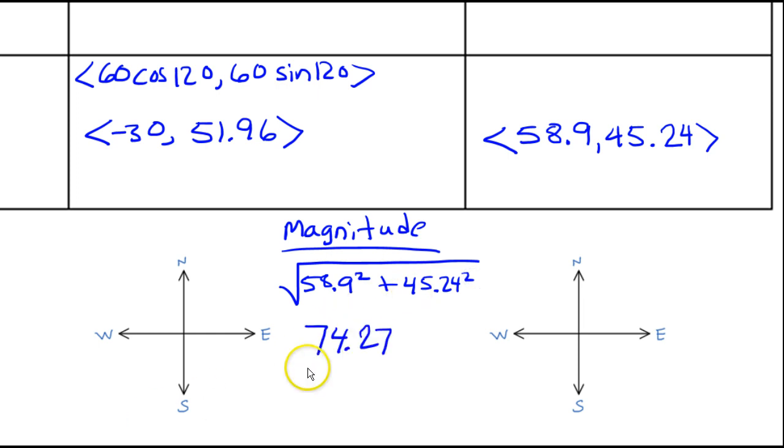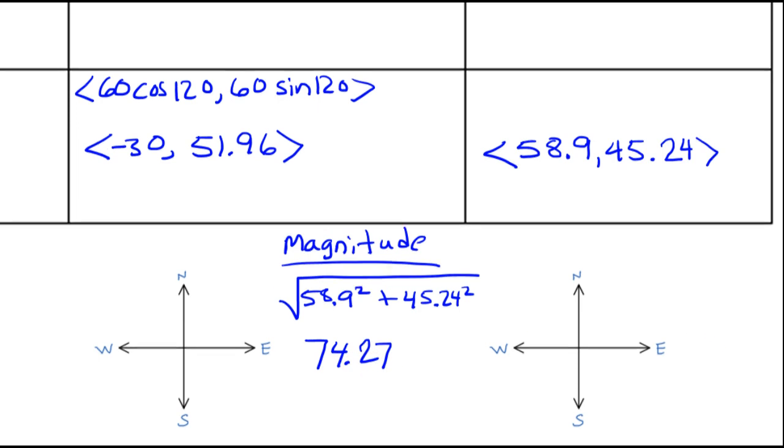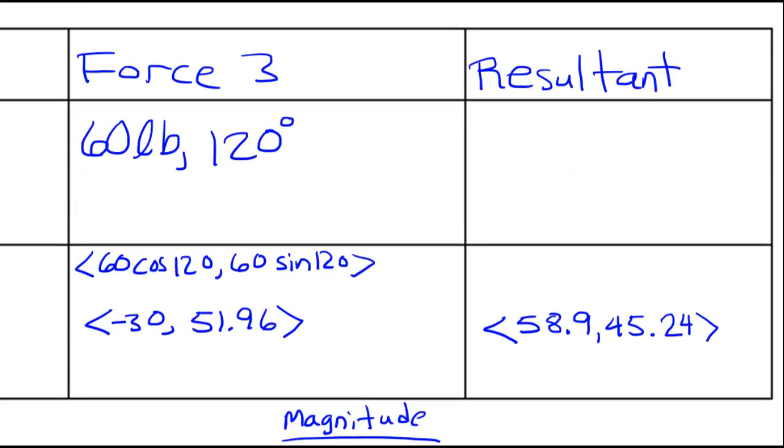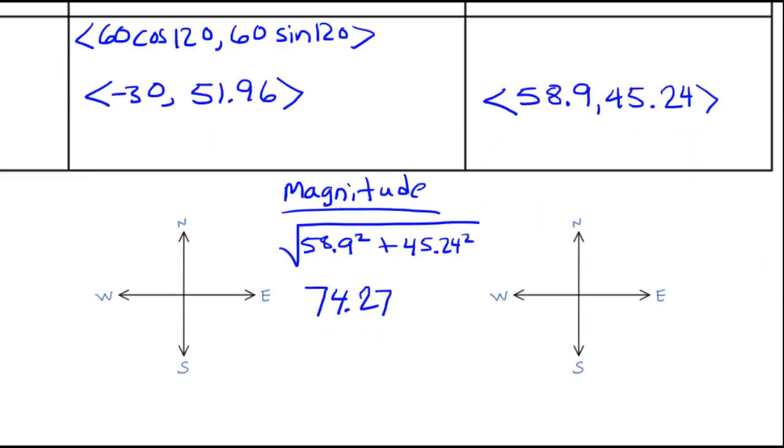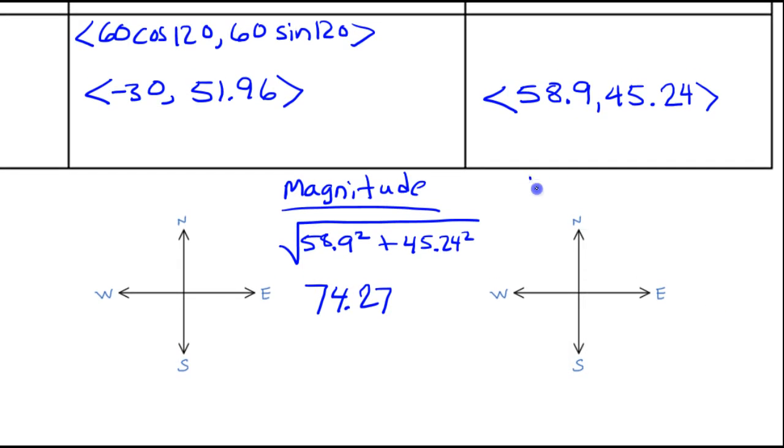Calculator. So I'm getting 74.27 for that magnitude. Okay, so that is 74.27 pounds. All right, that's the resultant force. Now we need the direction. All right, so I will do the direction right here.